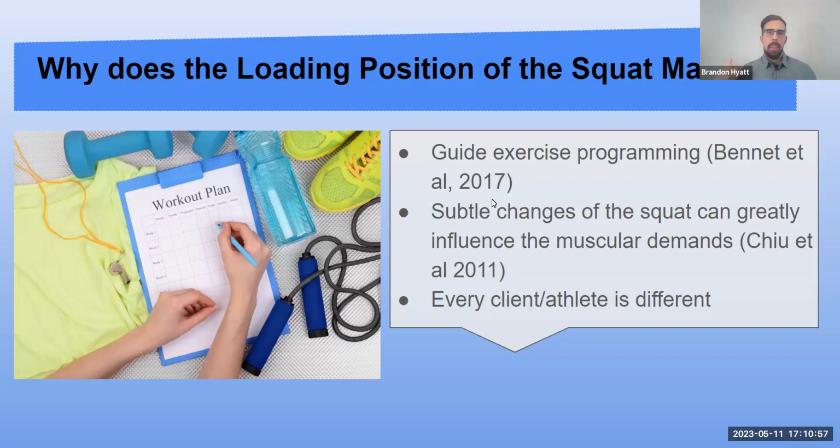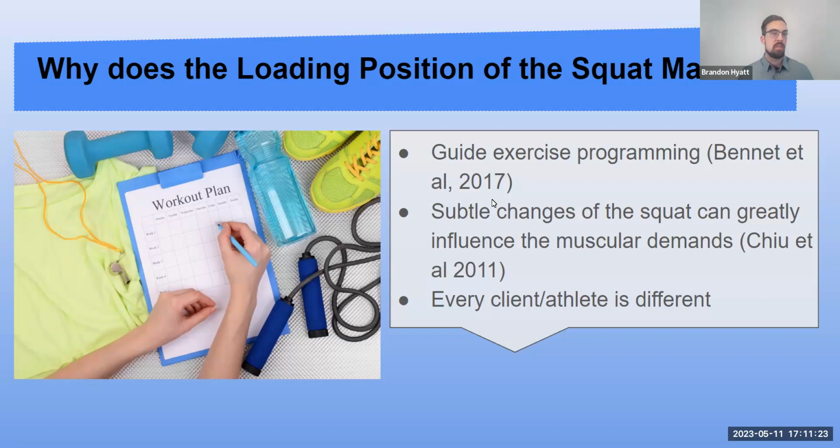And experts, this is a quote from a research article that I read talking about loading position. So I want to share that. This comes from Park et al. in 2022. And they write, experts must apply the bar position and load as an important variable that affects the intensity and the method for training.